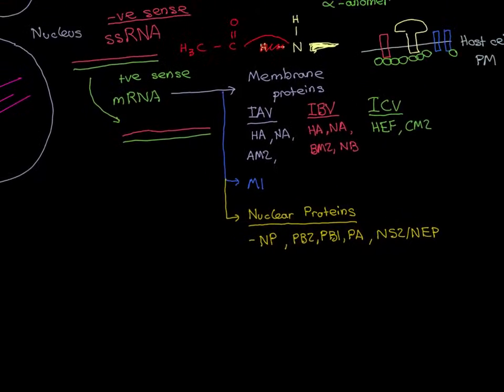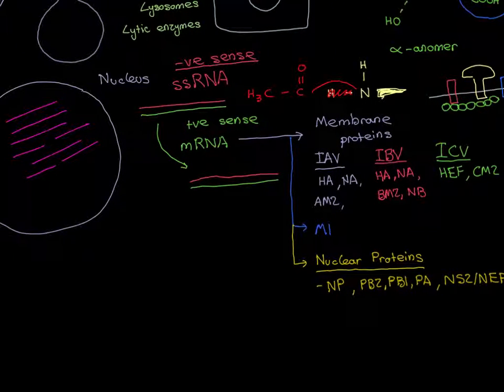So, what's going to happen then? Remember, in the nucleus, we are synthesizing new copies of the genome. So all of the pieces of RNA here are being copied, and we've gone through the mechanism by which we do that. We produce a complementary strand, and then a complementary strand to that, and therefore we end up with a copy of our original piece of RNA. Now, the RNA-dependent RNA polymerase, this trimer of PB1, PB2, and PA, it's not brilliant.